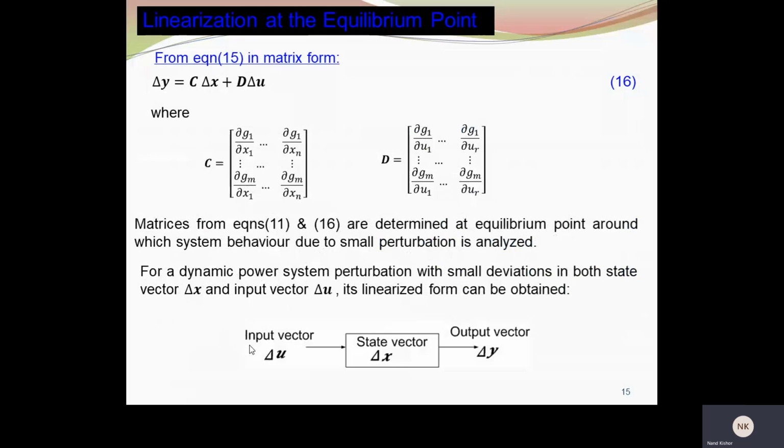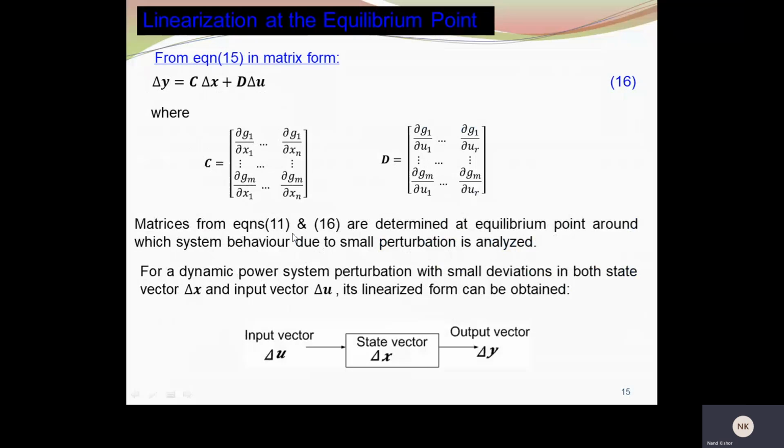And next we are writing down the previous equation 15 in the matrix form as delta y is equal to C into delta x plus D into delta u, where we have the C matrix, which is a partial differentiation of the g nonlinear function with the state variables, and the D matrix, the partial differentiation of the g nonlinear function with the input variables.